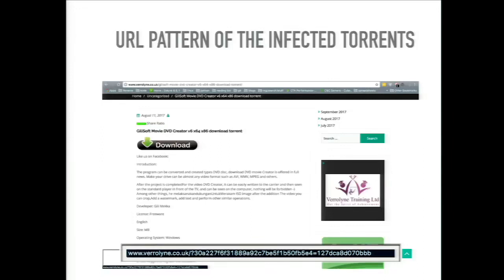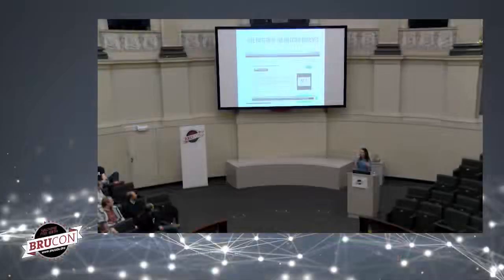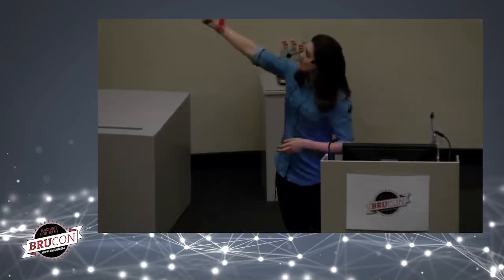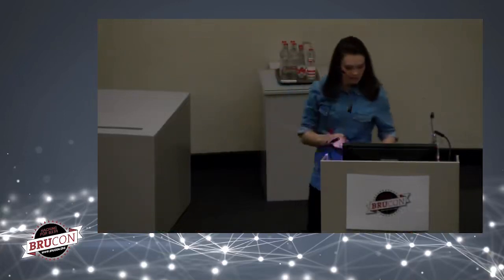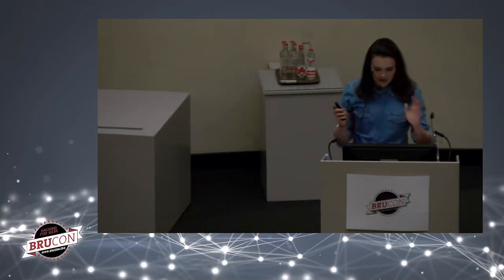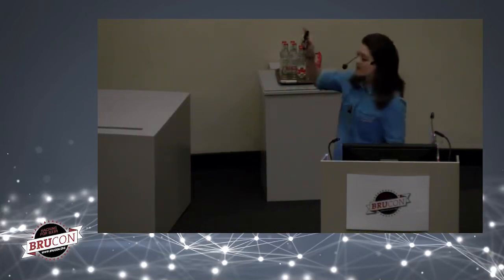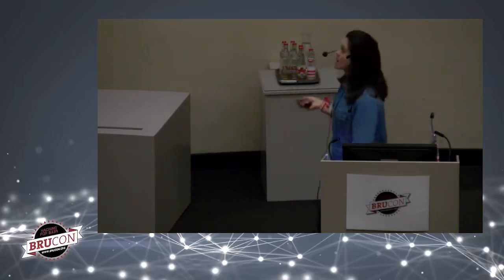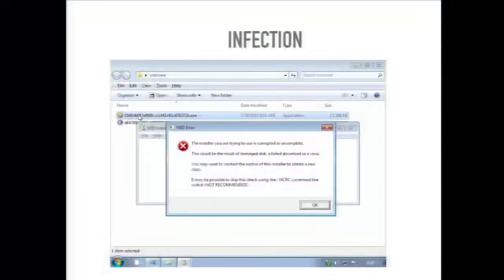I highlighted it here. When the user starts torrenting and downloads the movie file, then the installer codec and a text file saying you need to run the installer, and runs the installer, it gets an error saying the installer is corrupted. But actually, during that time, it invokes Sutterbot, and the host becomes part of the Sutterbot network.